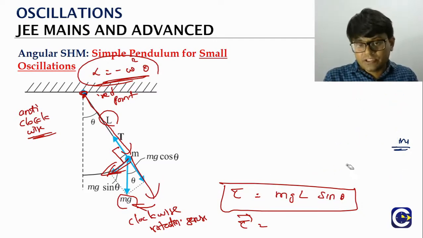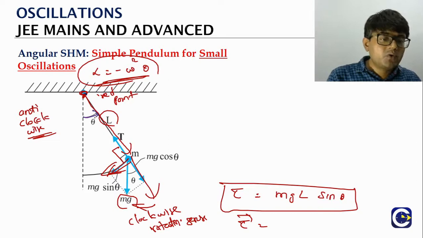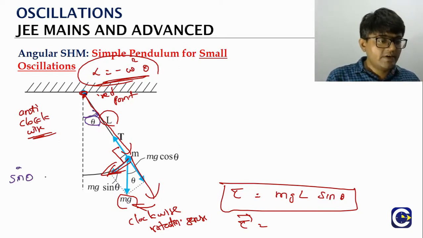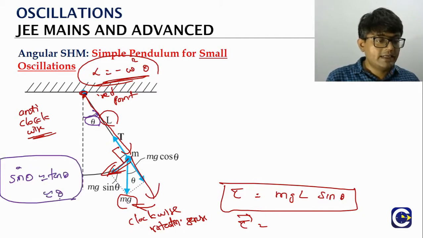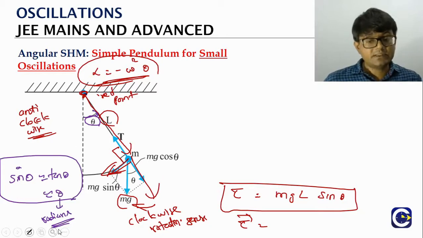What do you mean by the assumption of small oscillations? If you are giving a very small angular displacement, then sine theta is approximately equal to tan theta, which is approximately equal to the angle itself. But we should keep in mind that the angle should be taken in radians. We have seen this in the basic math discussions and we will keep using it in a couple of other places also. This is what we call the small angle assumption.